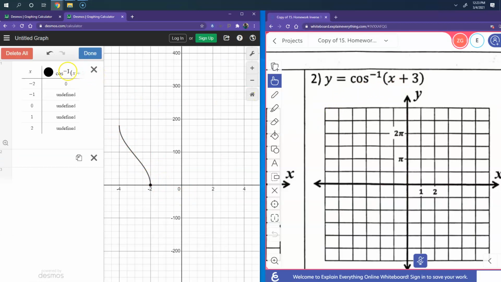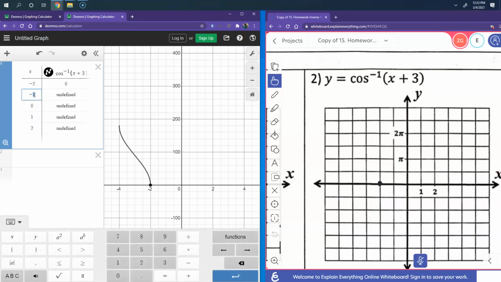So I'm going to make a table. I already have a table. So at -2 it's 0. And then at -4, so let me see, -3. Oh, at -3 it's 90.